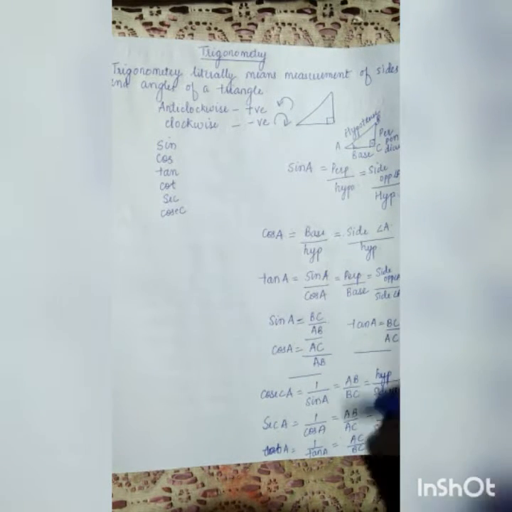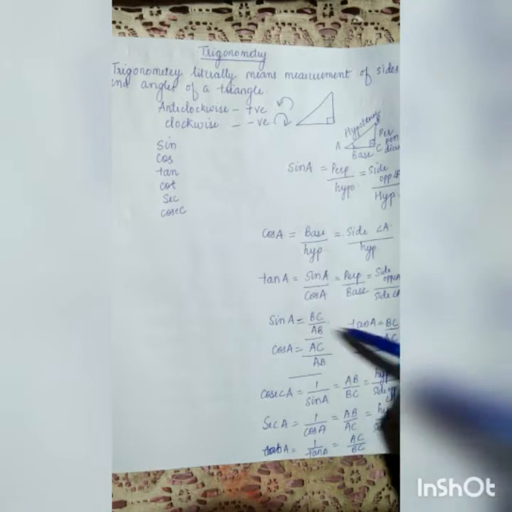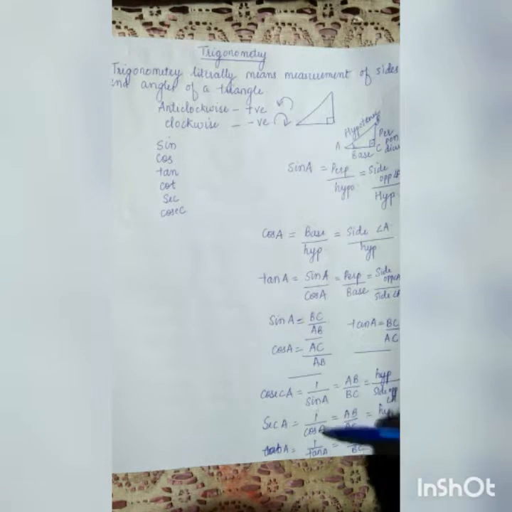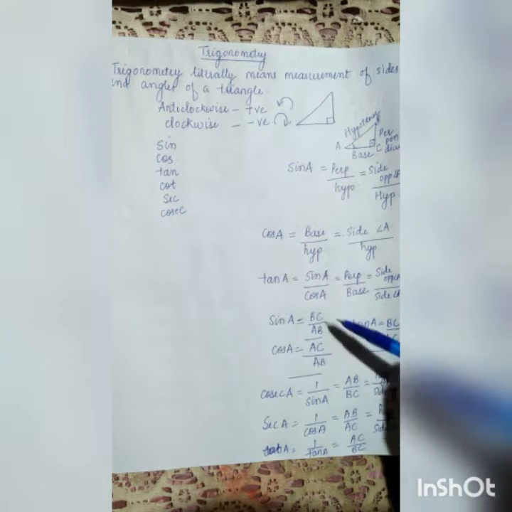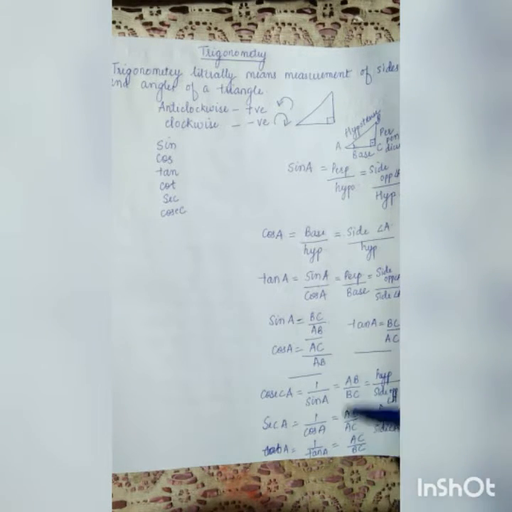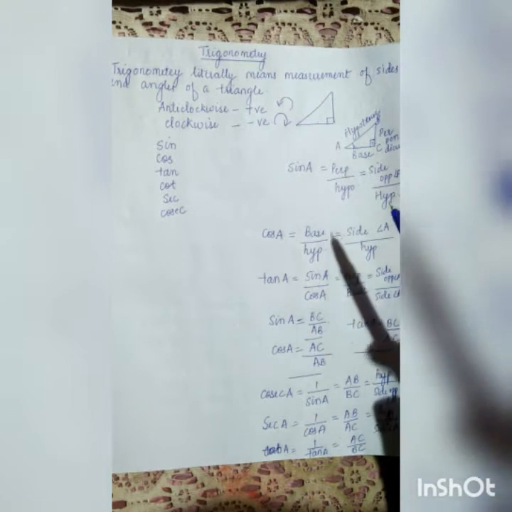So these are the 6 trigonometric ratios. These 3 are the basic ones, and these 3 are just the reciprocals of the basic ones.